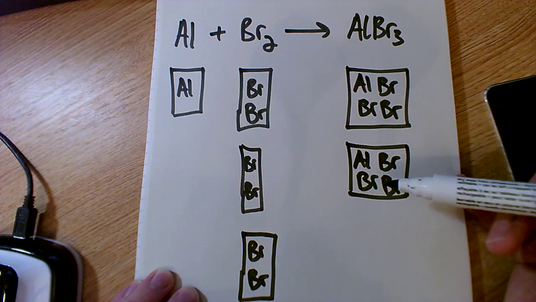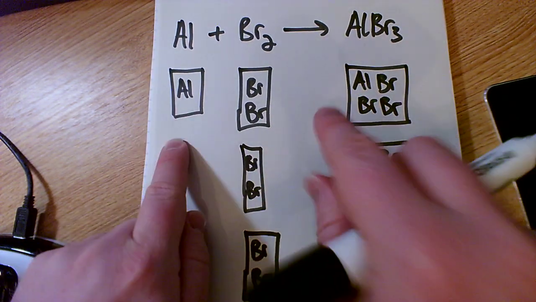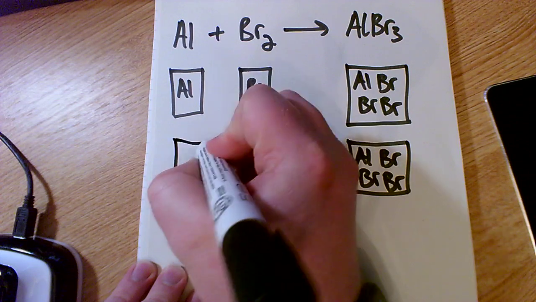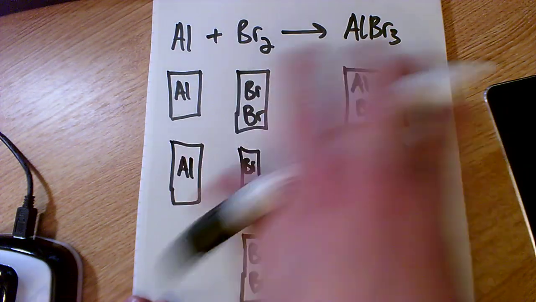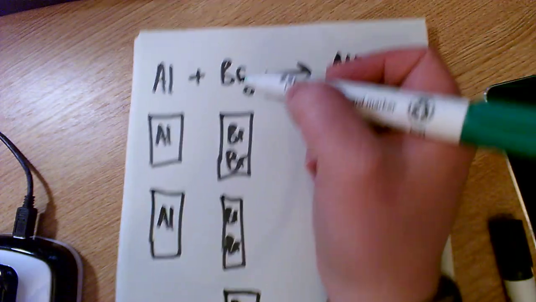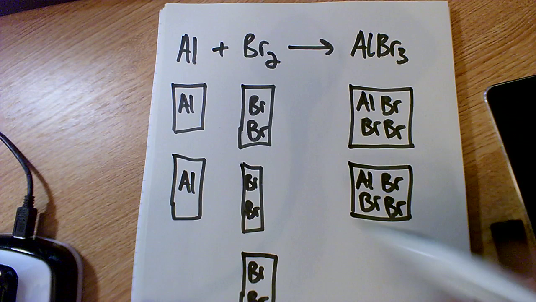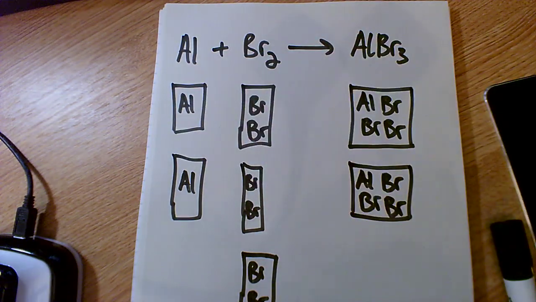So that's nice and balanced, but the aluminiums are not. So I need to go back and make sure that the aluminiums are nice and balanced. So there we go, I put another Al. That's a balanced situation. So now I want to go up to my equation and put in the multiplying numbers.